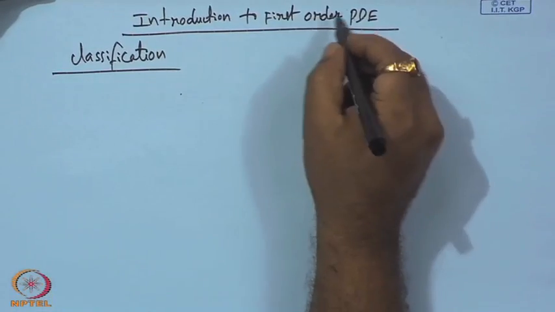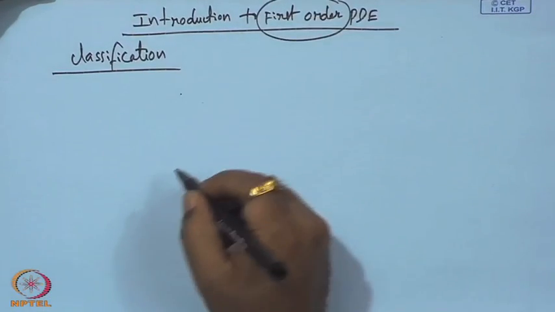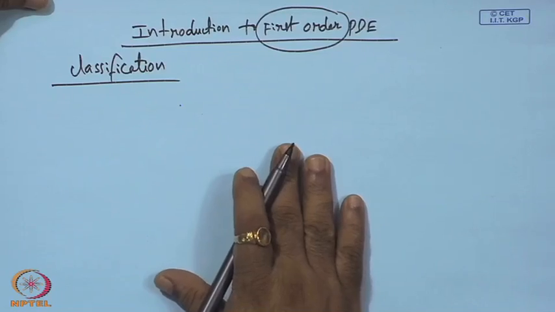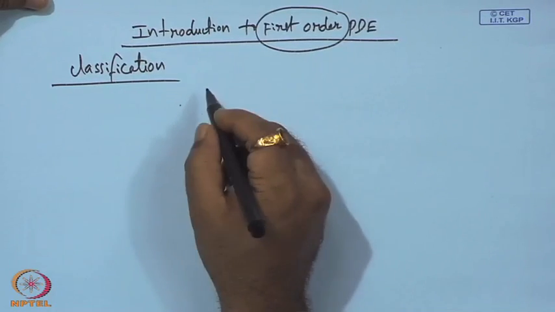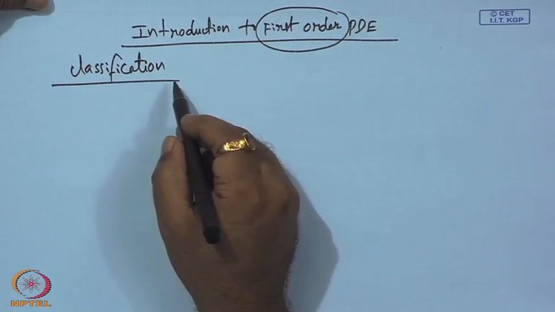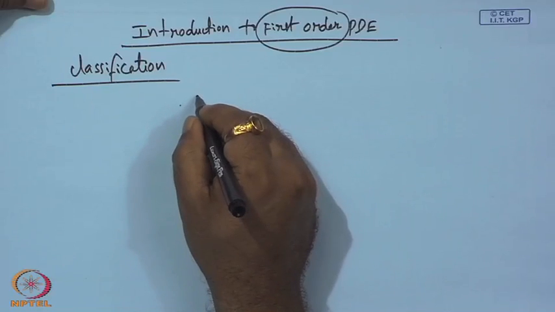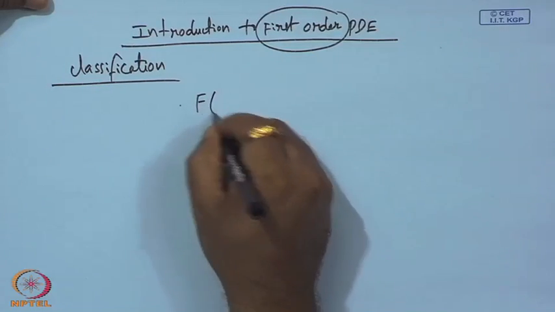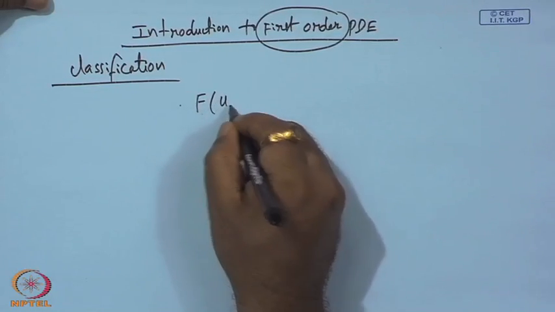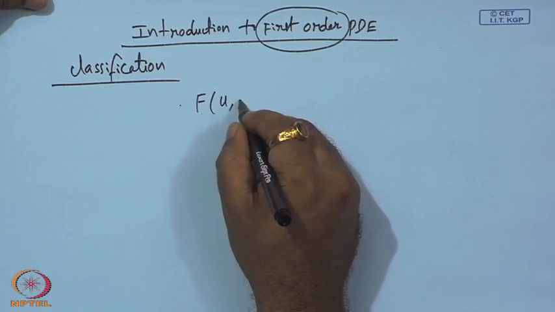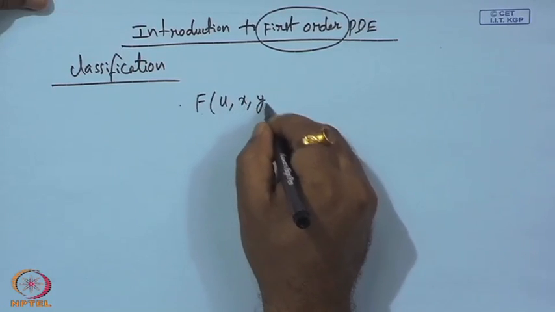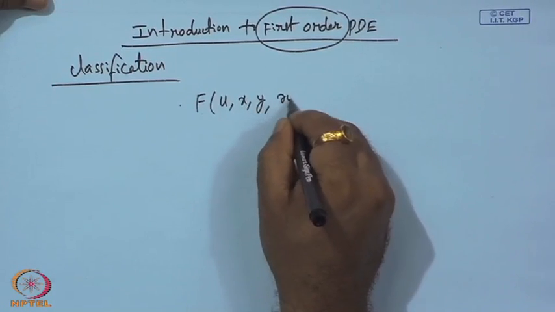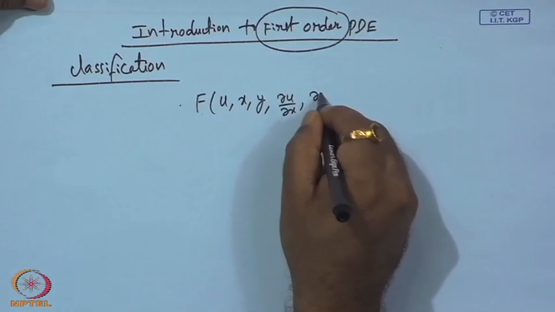So, I would like to stick to first order. First order, and in general any functional relation, for example u, x, y, dou u by dou x.